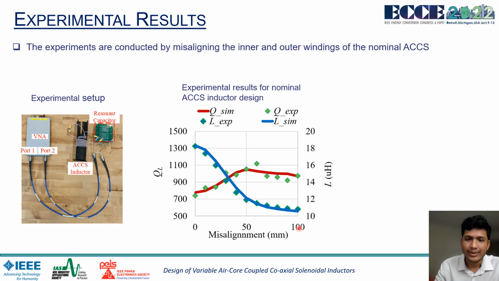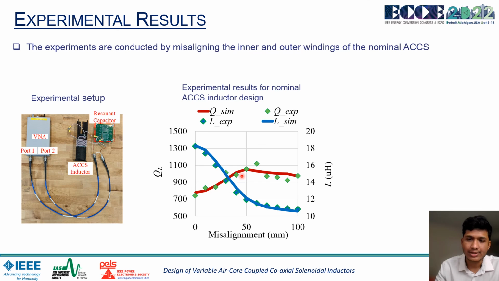On this plot, we can see that as the misalignment occurs, the quality factor increases and then decreases. The experimental results follow the simulation results. Similar is the profile for the inductance. And it can be observed that the simulation results are slightly below the experimental.